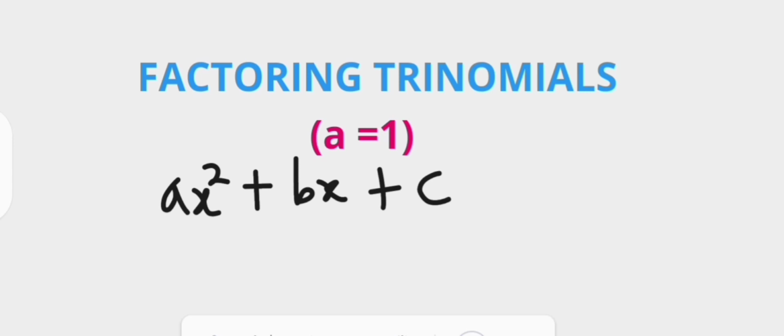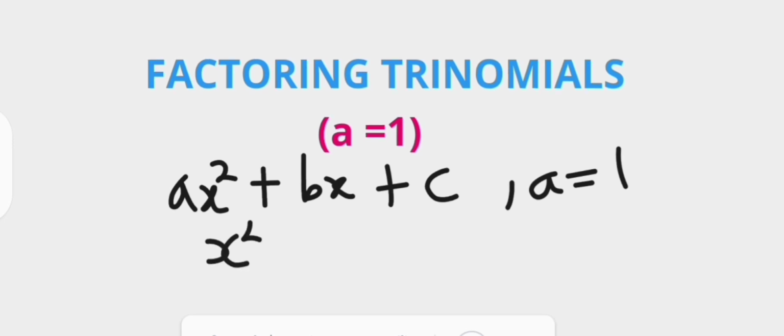Now, the kind of trinomials that we are considering here are the ones where we have a equal to 1. That is, they can be written generally as x² plus bx plus c. This is the kind of trinomials we are considering in this tutorial.